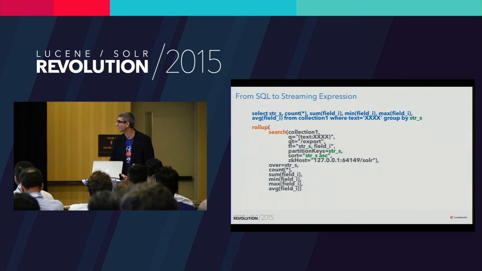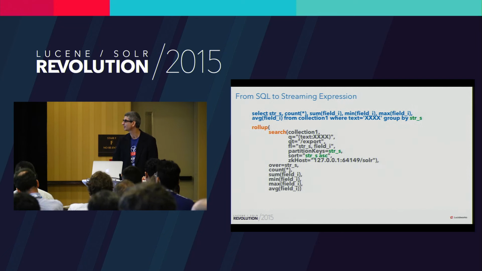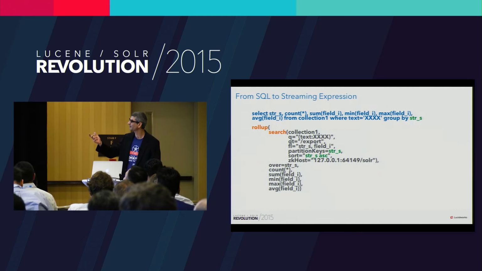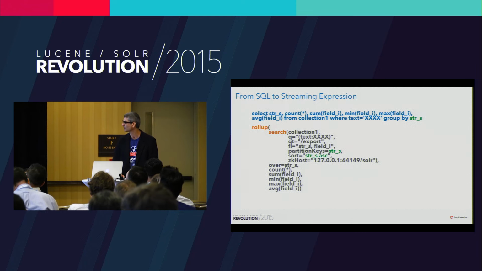The group by is grouping by this str_s. And you can see that the search function has partition keys of str_s, and it sorts on that. So basically the shuffling is built into the search function.